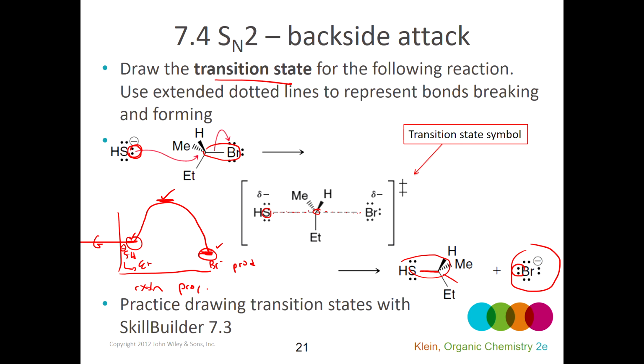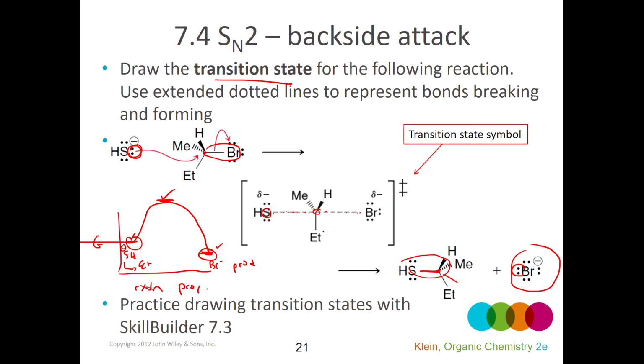So if we look at that carbon, it starts off with 0 formal charge and it ends up with 0 formal charge. So at no point is that carbon carrying any charge. The new electrons are coming in at the same time the old electrons are leaving. So we don't need to show a partial charge there.